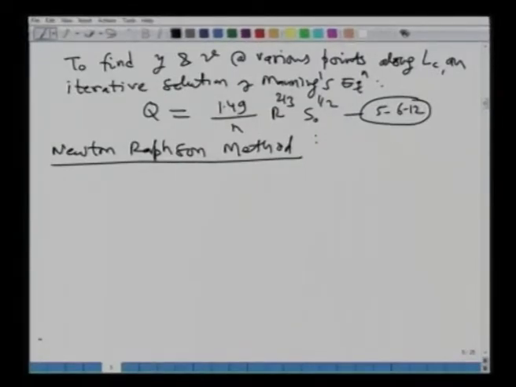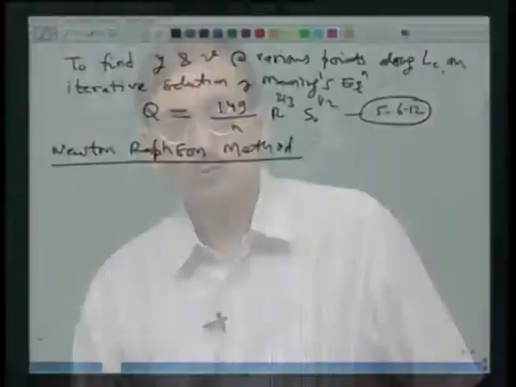In the Newton-Raphson method, we need to formulate a function for which you have to find the root. In this case, the function will be the error. In any iterative process, you start with an initial guess, calculate the error corresponding to that guess, and then try to minimize that error in successive iterations.